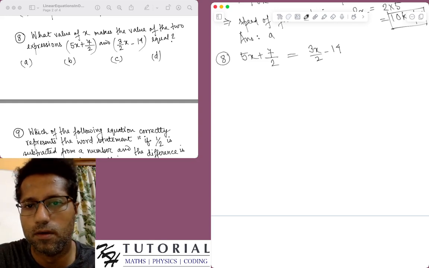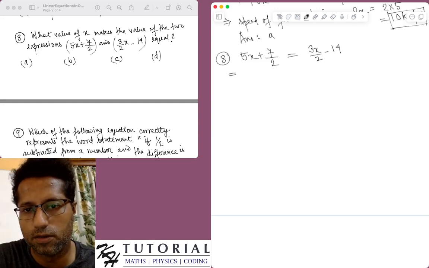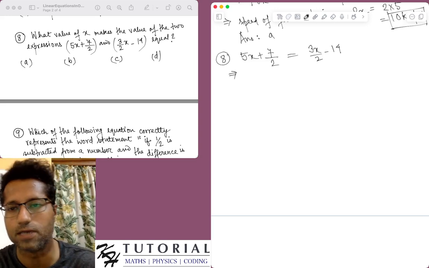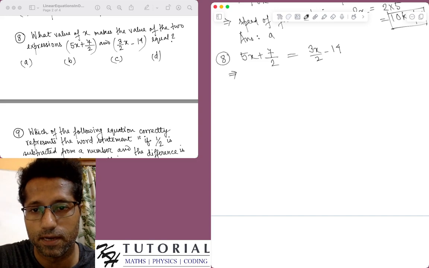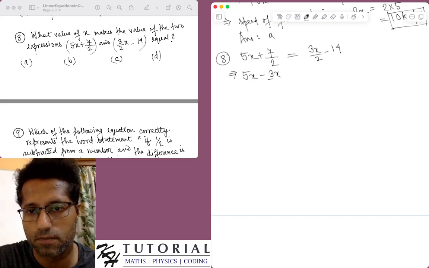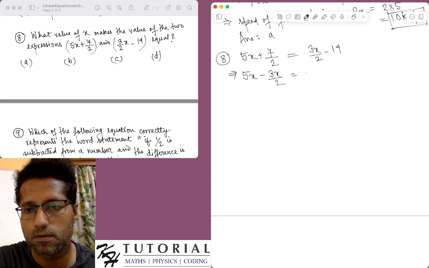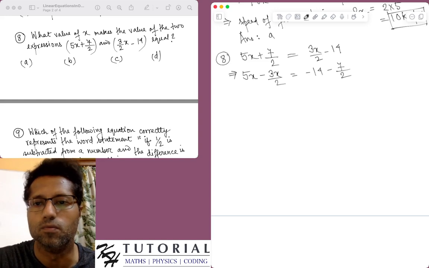So now bringing all the x terms, variable terms, to the left hand side and all the constant terms to the right hand side, by transposition of terms we get 5x minus 3x by 2 equals minus 14 minus 7 by 2.